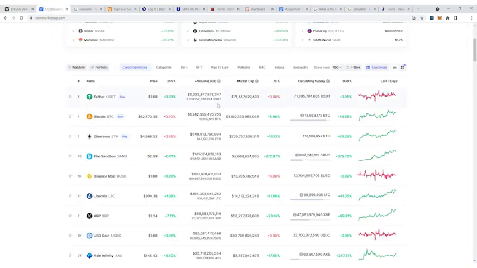The 30-day trading volume for Bitcoin is 1.2 trillion with a market cap of 1.1 trillion. So this is about a 95% comparison when you look at market cap to volume. And then we look at Ethereum, we have a 648 billion volume in the past 30 days and a 540 billion market cap. This is about an 83% market cap to volume comparison.